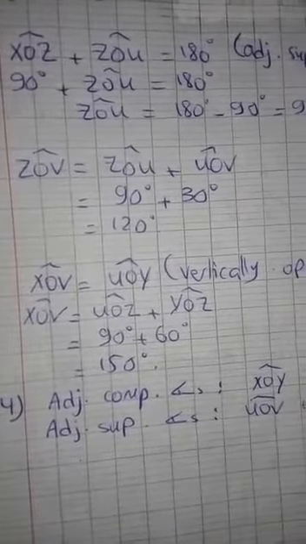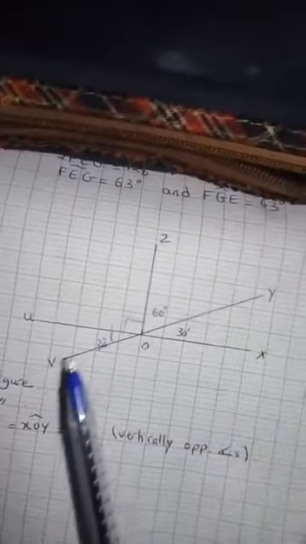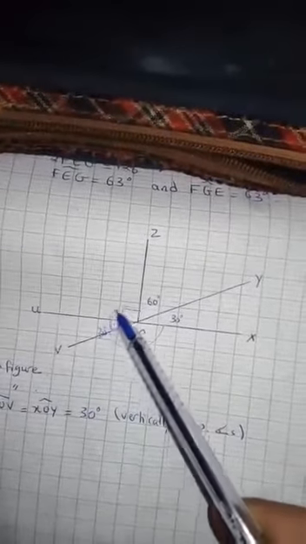The second angle we want to get is XOV. If you look here, XOV, this angle, we want to find the measure of this angle. Okay, this angle is vertically opposite to this angle, YOU, right?